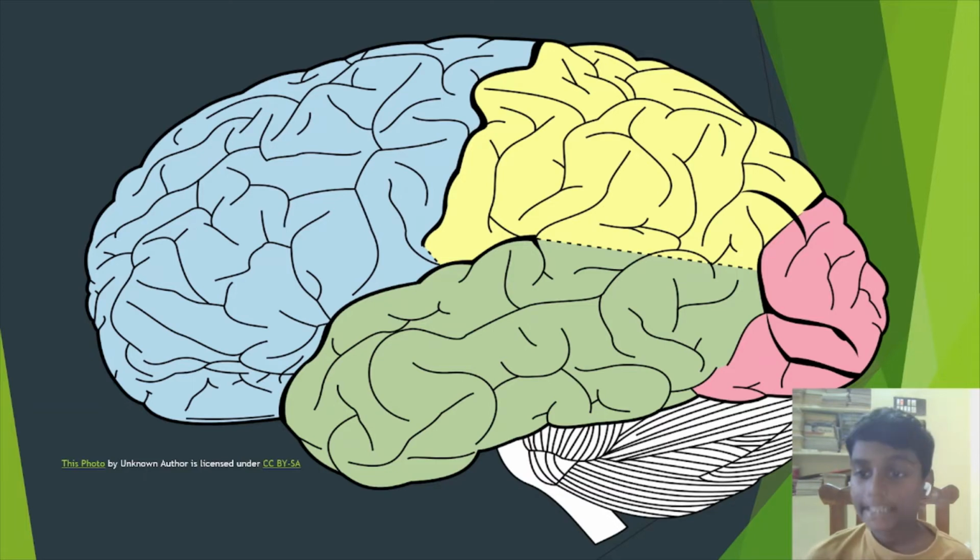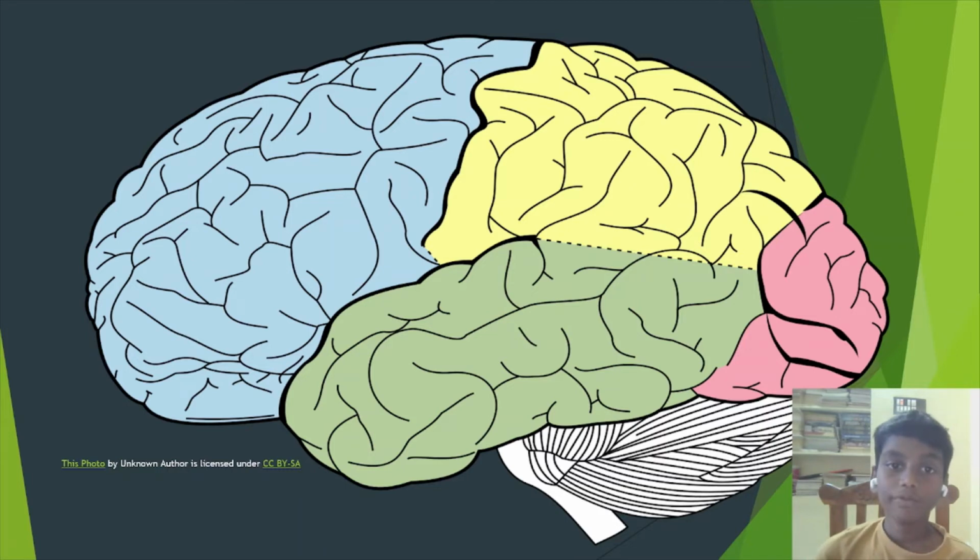So let's recap. We learned that there are 4 lobes or parts of the cerebrum. Those 4 parts are frontal lobe, parietal lobe, occipital lobe and the temporal lobe.